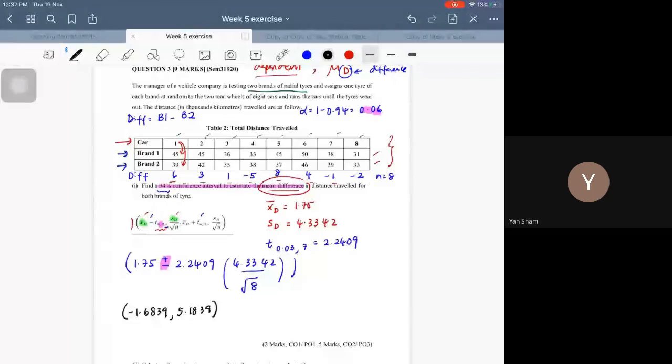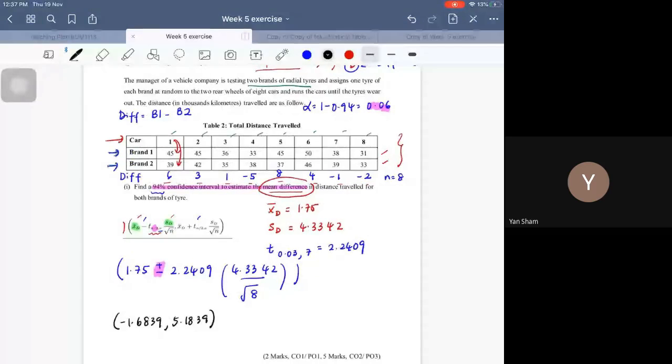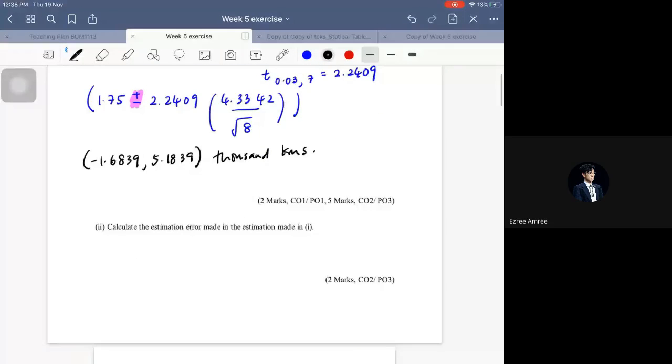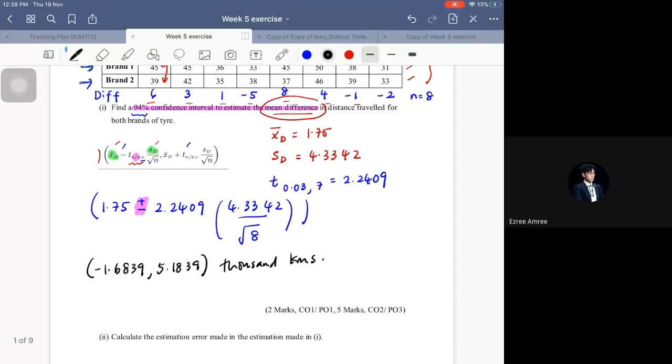If you notice over here, it says the distance is in 1,000 kilometers. So this is going to be in terms of 1,000 kilometers. If we write km only, it's wrong.